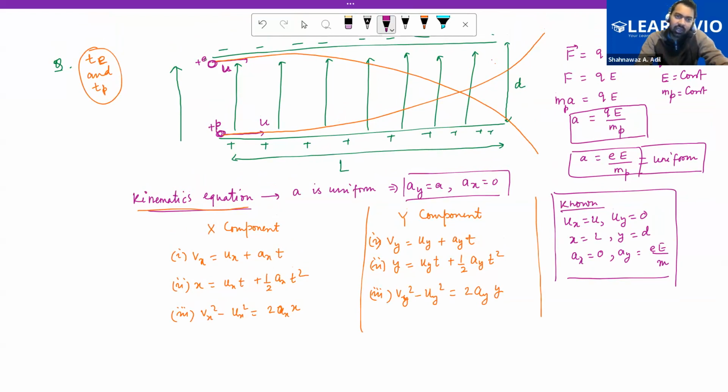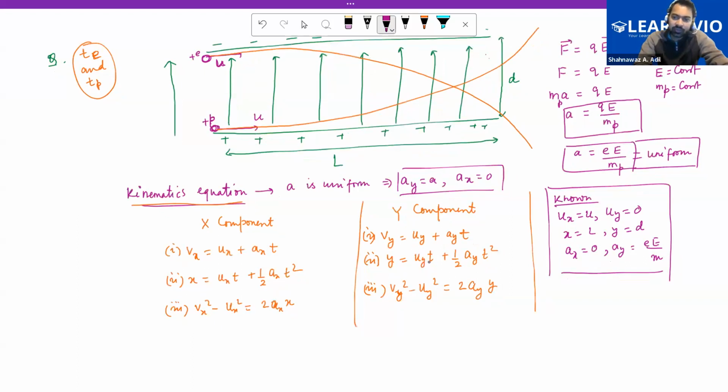The electron and proton contribution is coming from mass. If we calculate the x component, we will only have u. Ax is 0, so whatever acceleration we have, if we provide the same velocity, they will take the same time to cover these distances. So let us only consider the y component.